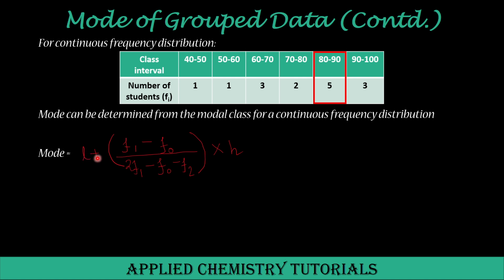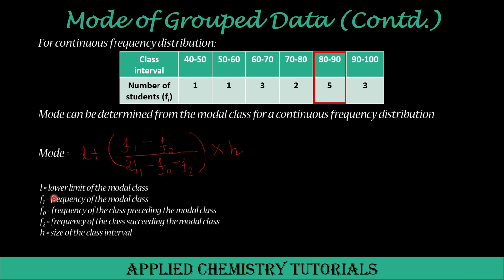So mode is L plus f1 minus f0 divided by 2f1 minus f0 minus f2, and the whole multiplied by h, where L is the lower limit of the modal class, which is 80, f1 is the frequency of the modal class, which is 5, f0 is the frequency of the class preceding the modal class, which is 2, and f2 is the frequency of the class succeeding the modal class, which is 3.